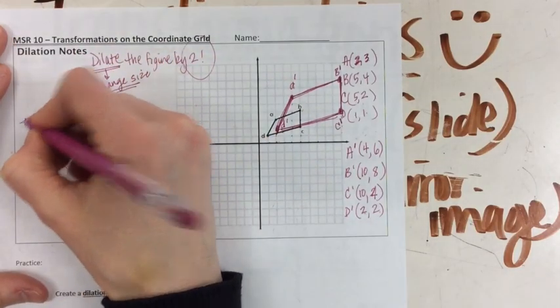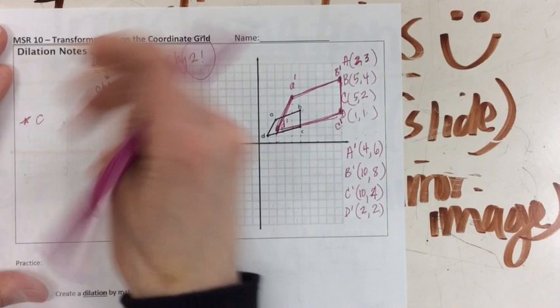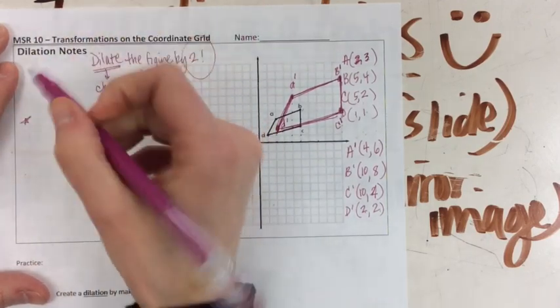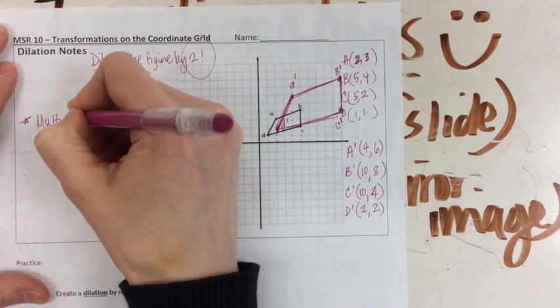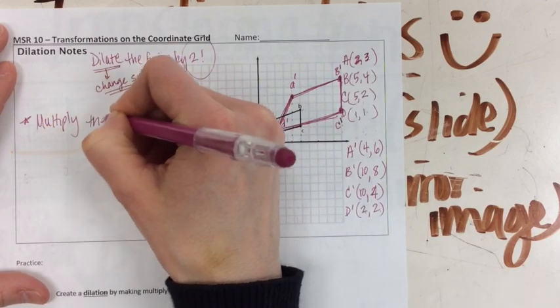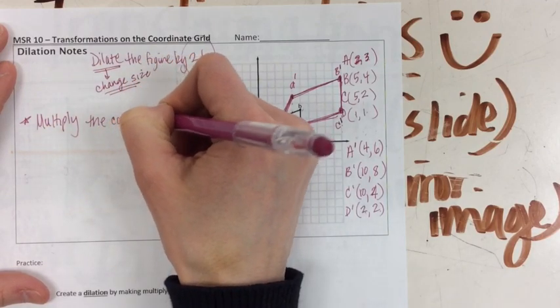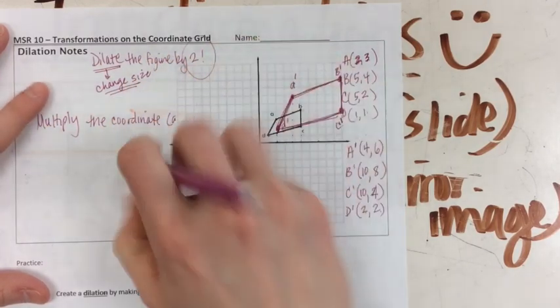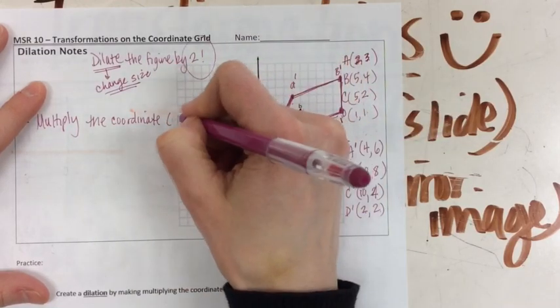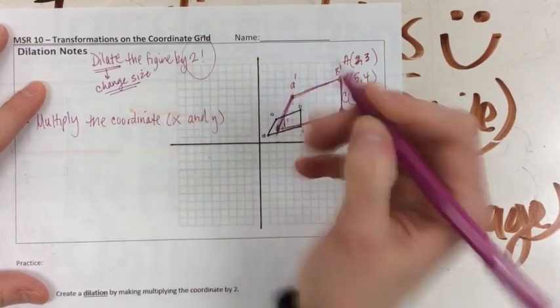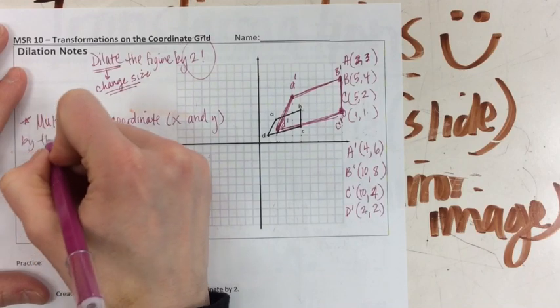So dilations, first of all, we should probably write down that we need to multiply the coordinate x and y by the dilation value.